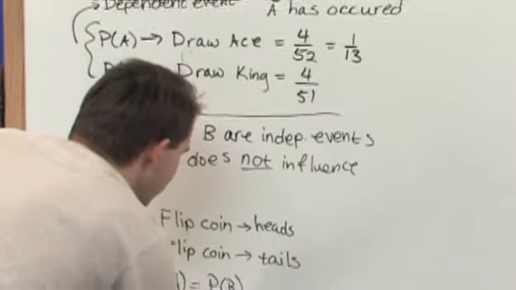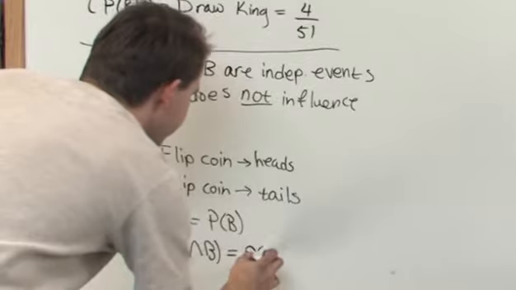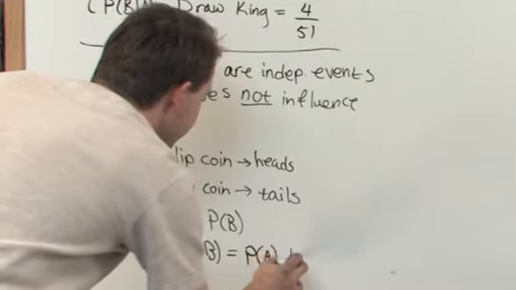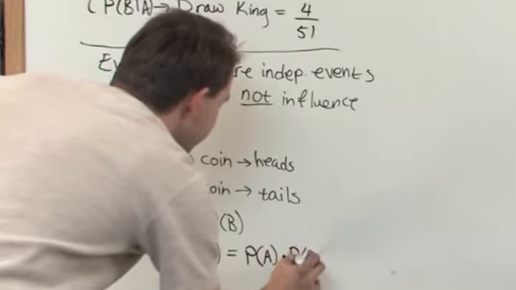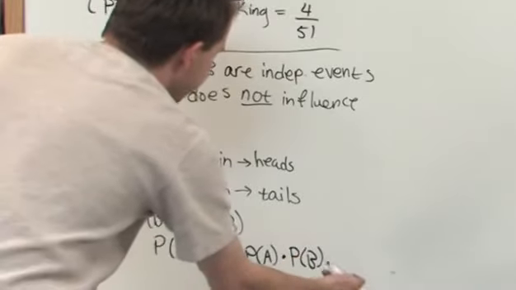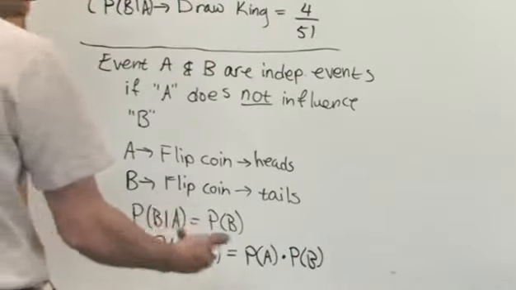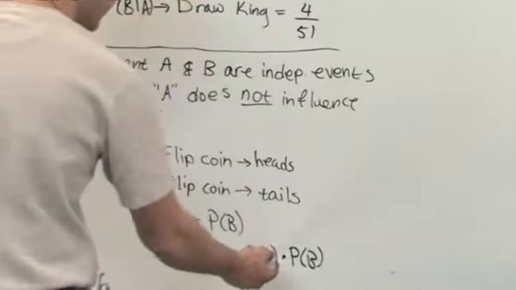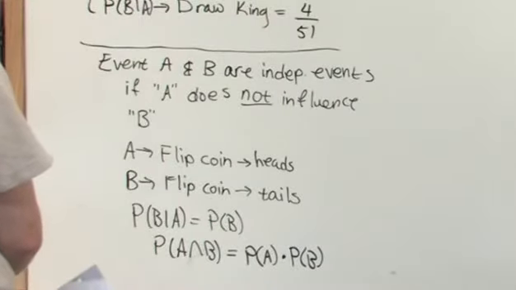You can simplify this and just say it's the probability of A times the probability of B. You don't have to write probability of B given A because they're independent events. A has nothing to do with B, so just A times B is perfectly fine.